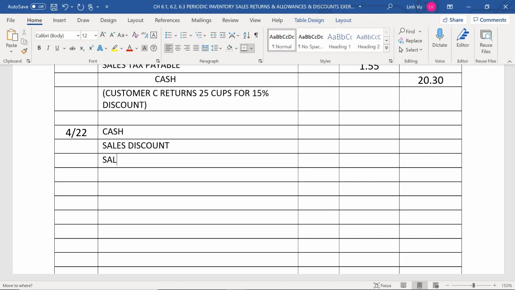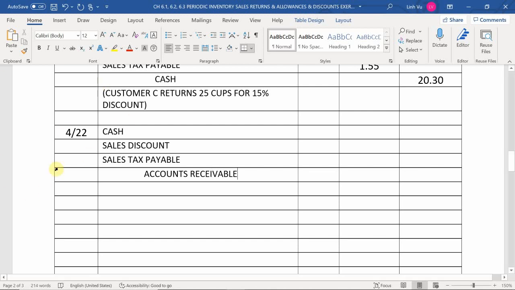Taxes, because we originally charged the taxes for the full amount. Because they're receiving a discount, we also have to return that portion of the money that isn't ours. And last but not least, what do I need to recognize? They're making a payment on what they owe. Accounts receivable, okay.